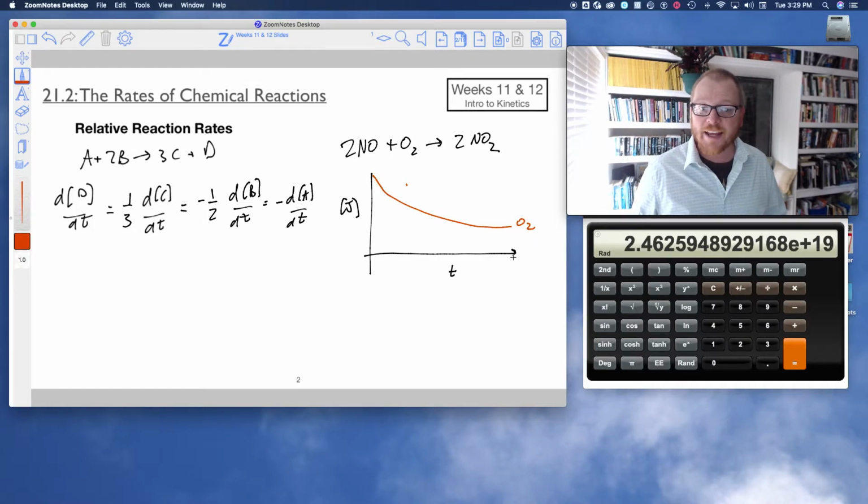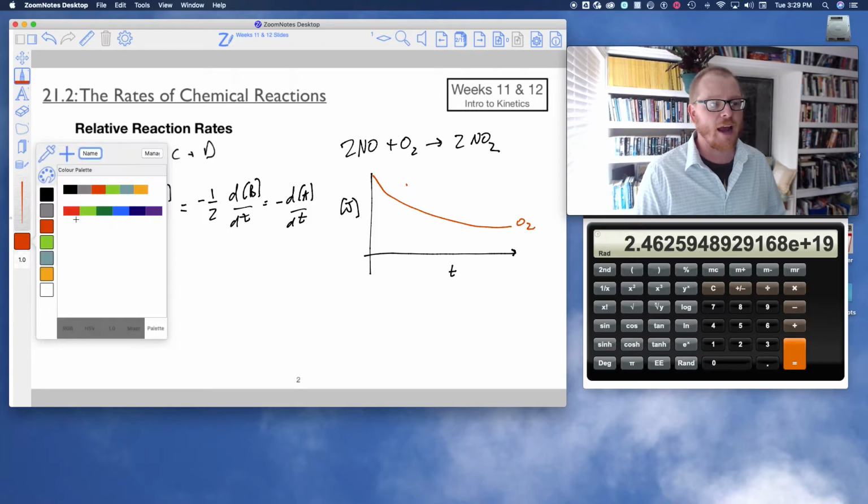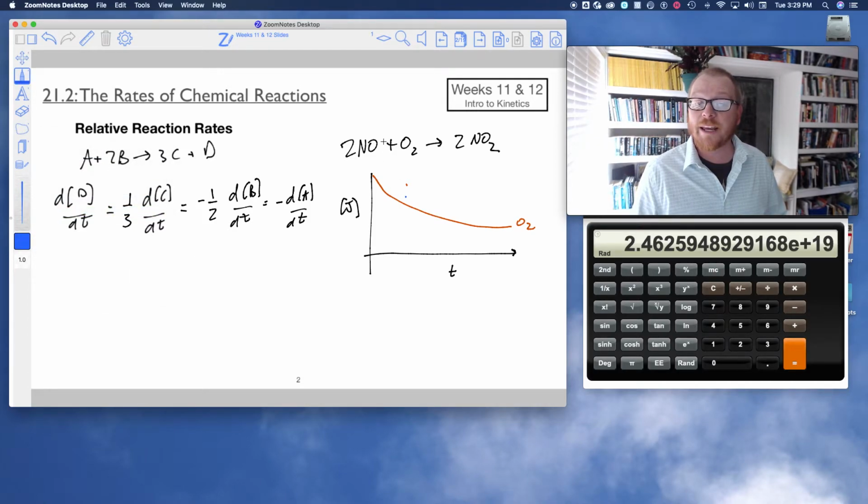Now hopefully we recognize that NO will be consumed twice as fast as O2. If I wanted to set them relative to each other, it would be 1/2 d[NO]/dt equals d[O2]/dt.